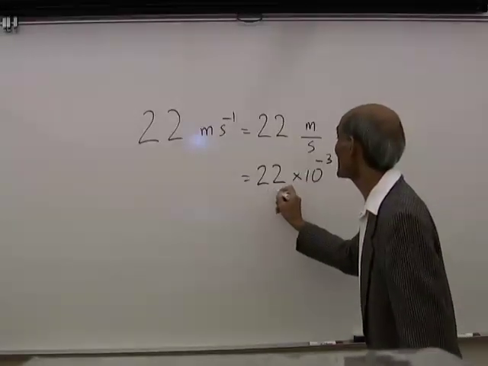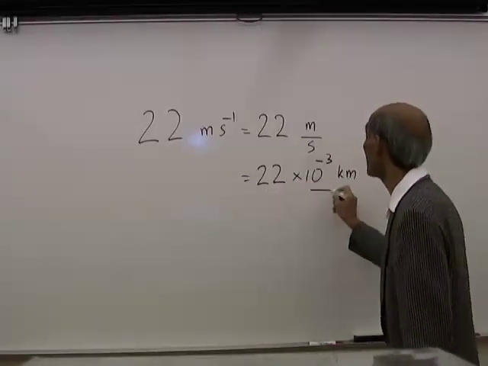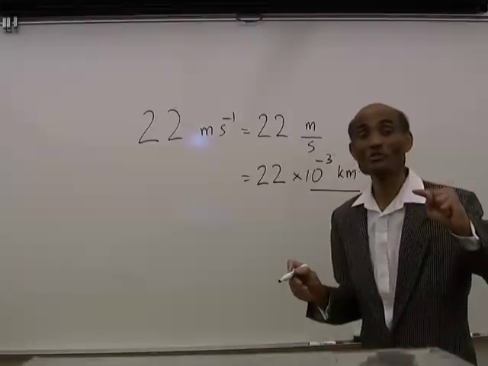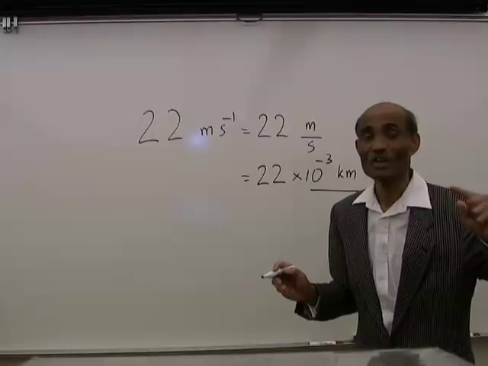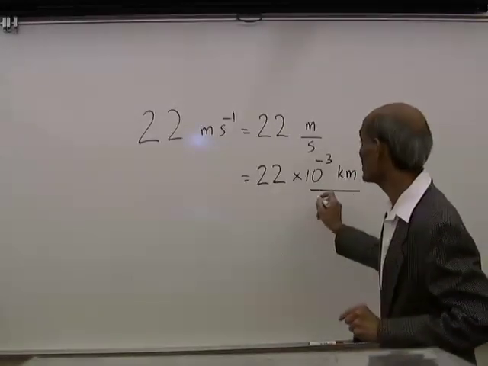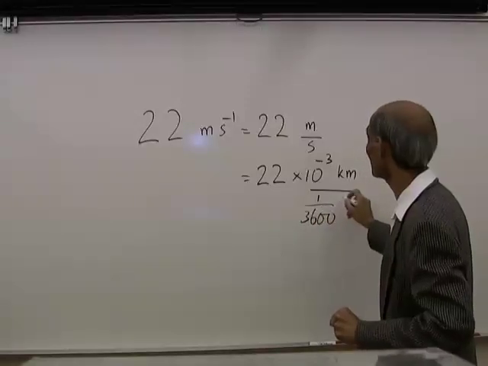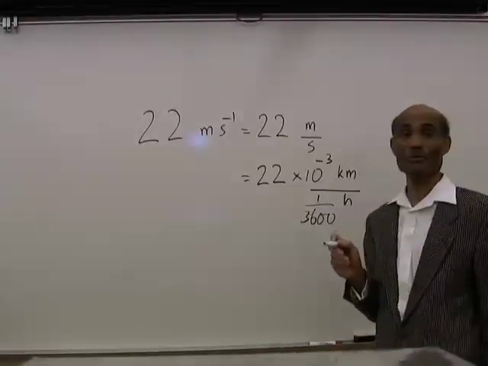And a second now needs to become hour. Well, 1 hour contains 3,600 seconds. Therefore, 1 second is 1 over 3,600 of an hour.